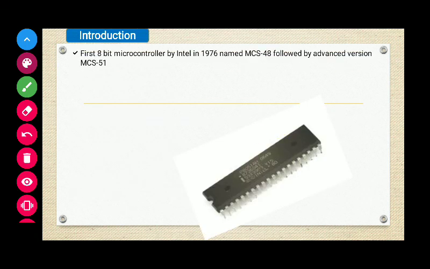The first 8-bit microcontroller was developed by Intel in 1976. It was named MCS 48, which was followed by its advanced version named MCS 51. Then in 1981, the microcontroller named 8051 was invented.